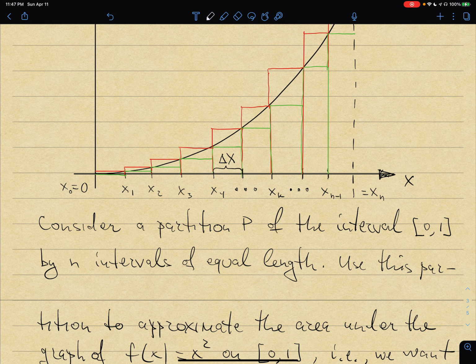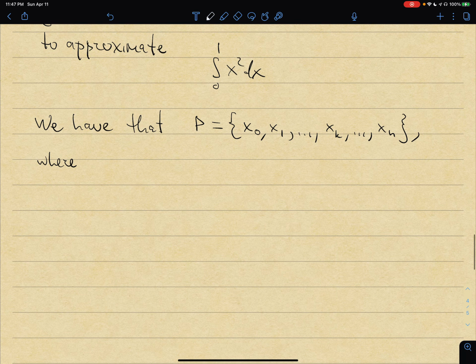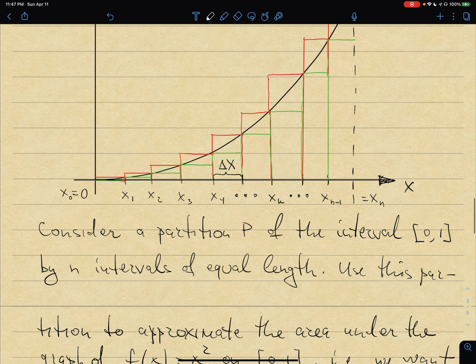The entire interval has length 1, so delta x, the distance between two neighboring points in a partition, should be 1 minus 0 divided by n, so 1 over n. Then to get to x1 from x0, I just need to move by 1 delta x. To get to x2, I need to move by 2 delta x. To get to x3, I need to move by 3 delta x from the initial point. So if I want to get to xk, I have to move by k times delta x.